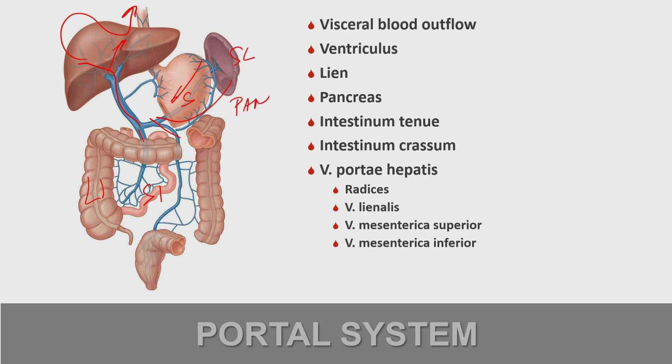So all of those structures have veins, and the most important are three radices, roots.